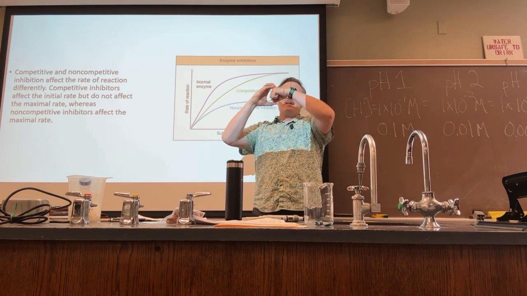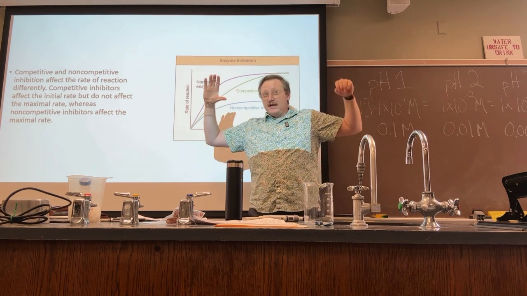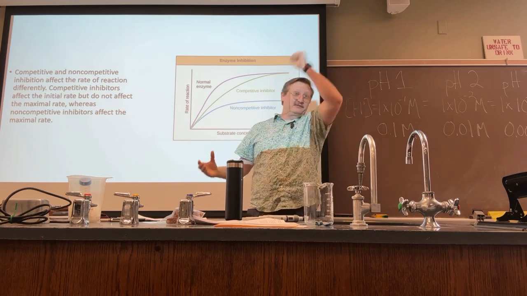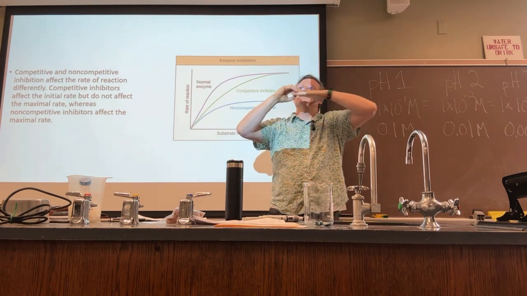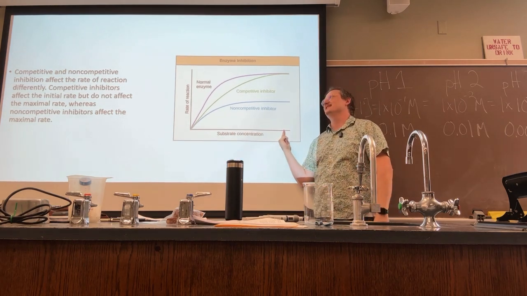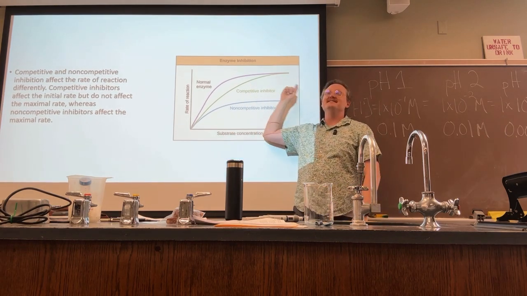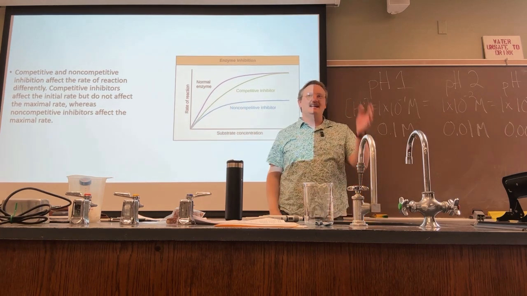Sometimes they hit each other, and then the product gets produced. So if there's more substrate floating around, it's more likely that the enzyme will encounter a substrate molecule. Therefore, increasing substrate concentration should increase the rate of the reaction catalyzed by the enzyme.